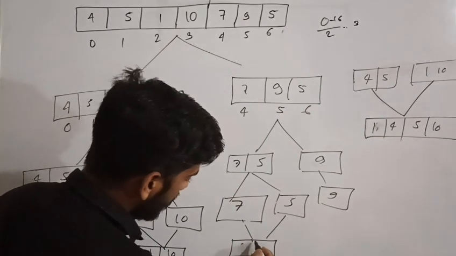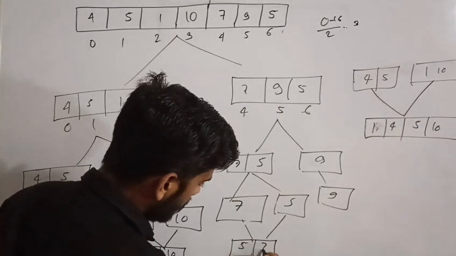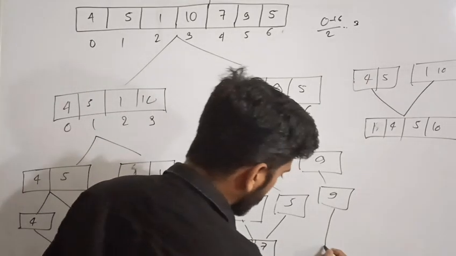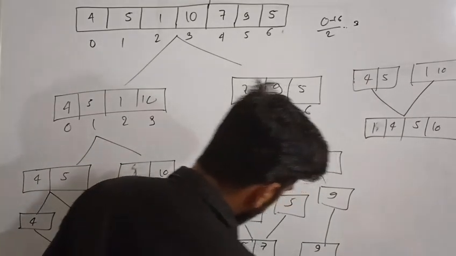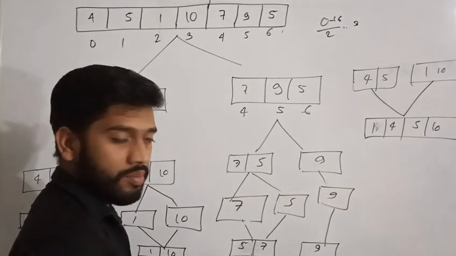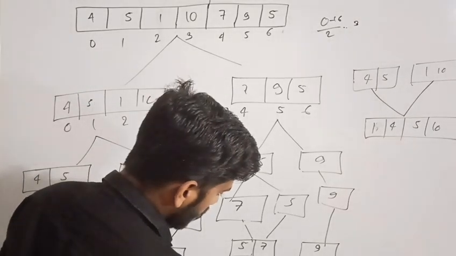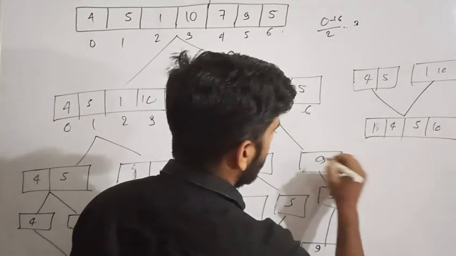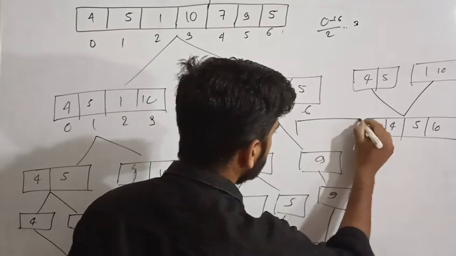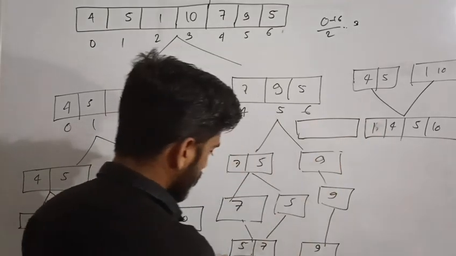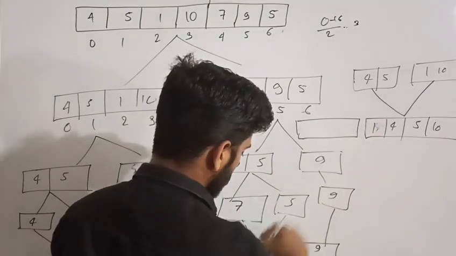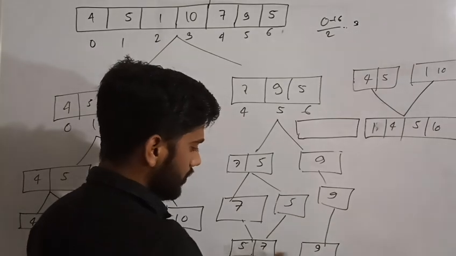Now this will be merged, and then it's 5 and 7, and here is a 9. Again 5 7 and 9 will be merged. Now it will be merged. I'm writing here 5 7 9: first of all 5, then 7, then 9.